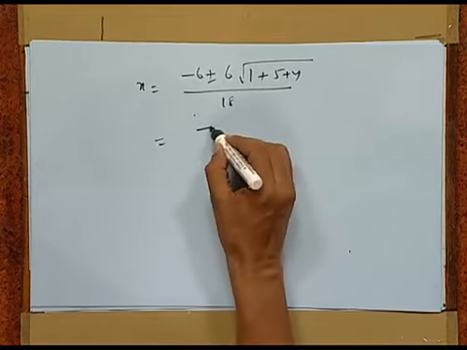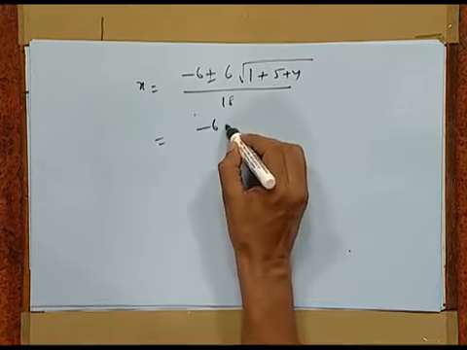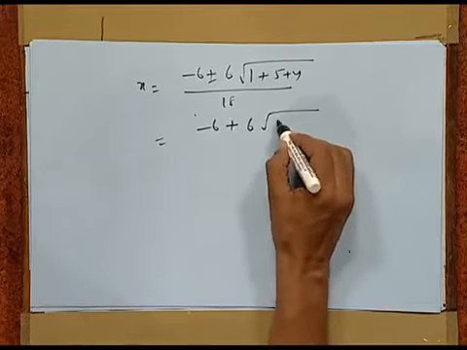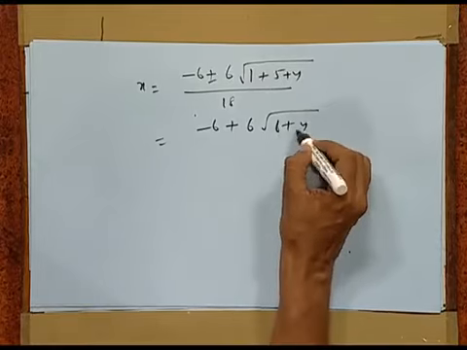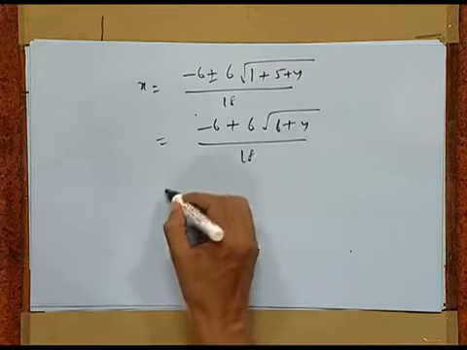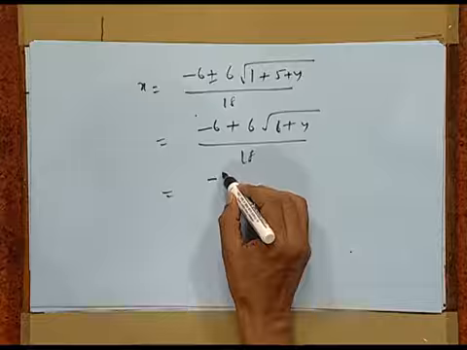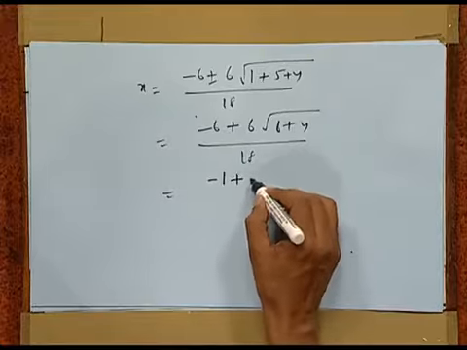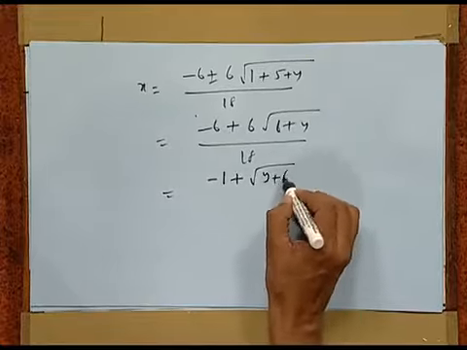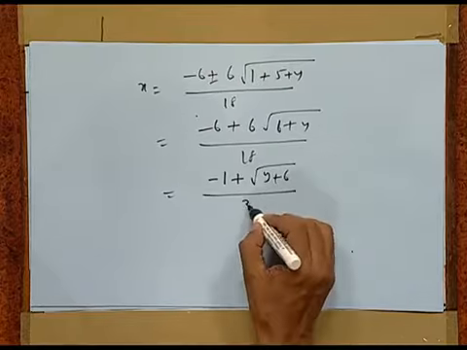So it becomes minus 6 plus 6 root of (6 plus y), upon 18, that equals minus 1 plus root of (y plus 6), upon 3.